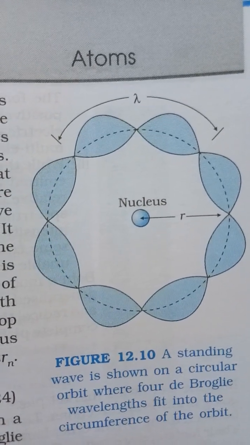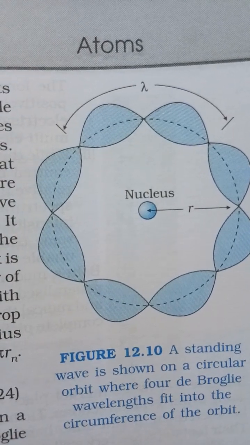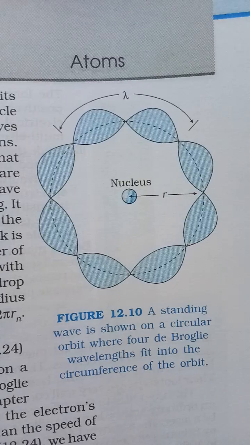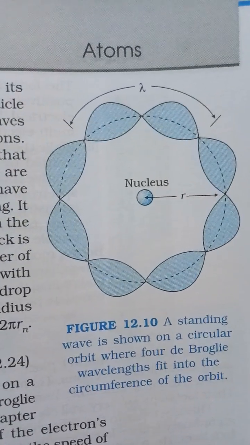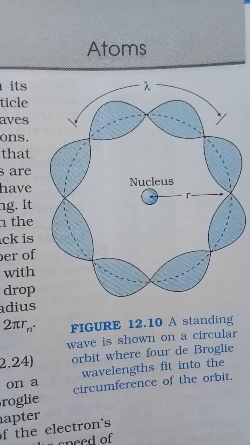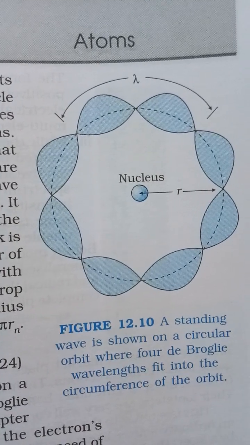From chapter 15 of class 11 physics textbook, we know that when a string is plucked, a vast number of wavelengths are excited. However, only those wavelengths survive which have nodes at the ends and form the standing wave in the string.